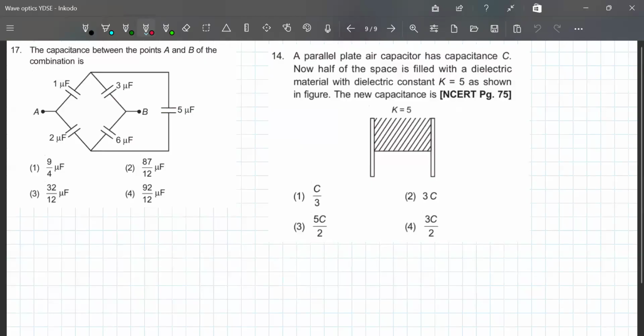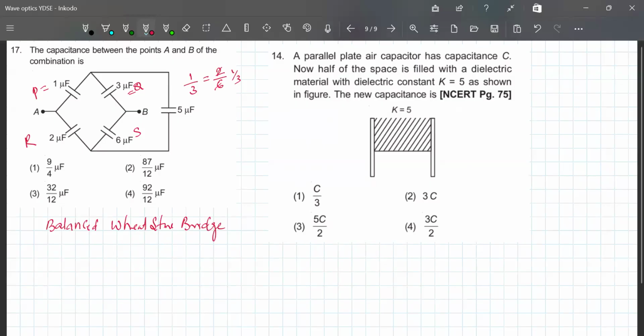Next one. Now see, take this is P, this is Q, this is R, and this is S. Okay. P by Q means 1 by 3 equals 2 by 6. This is also 1 by 2. This is a balanced Wheatstone bridge.